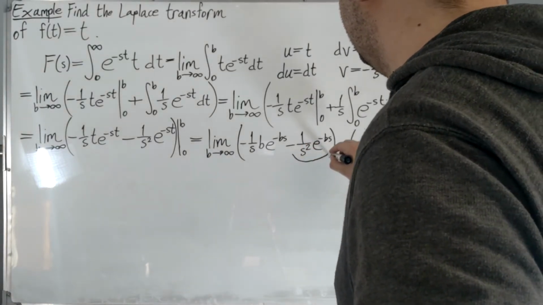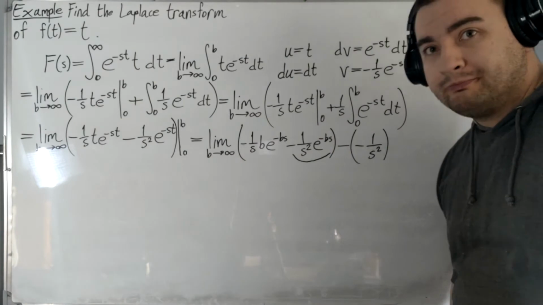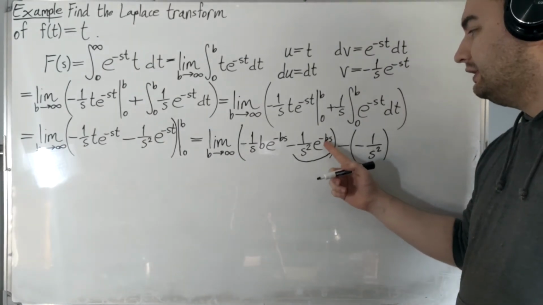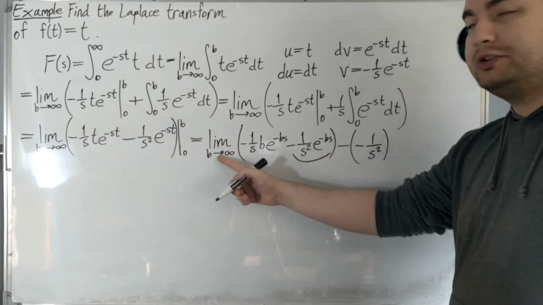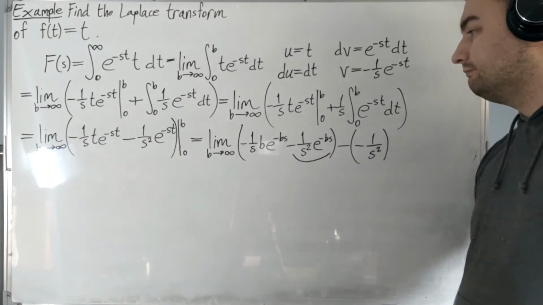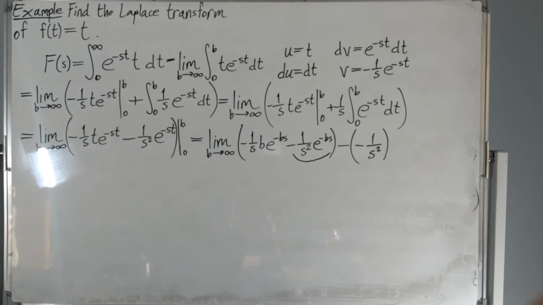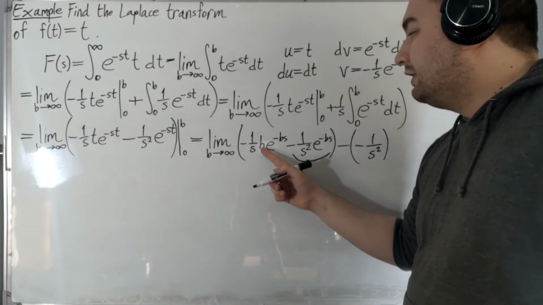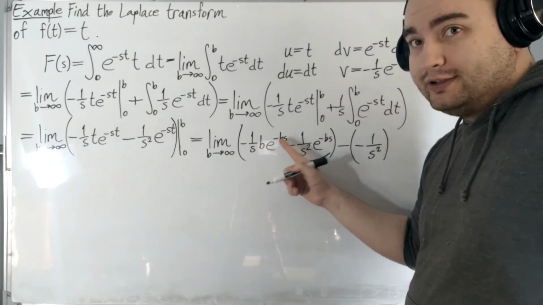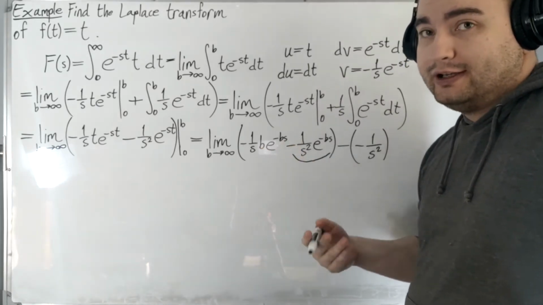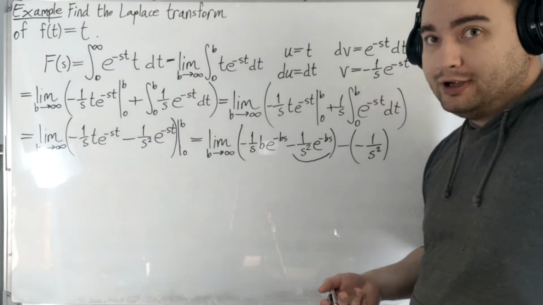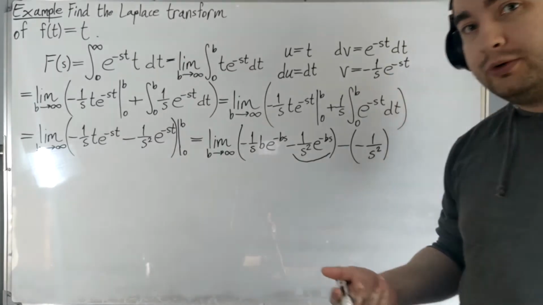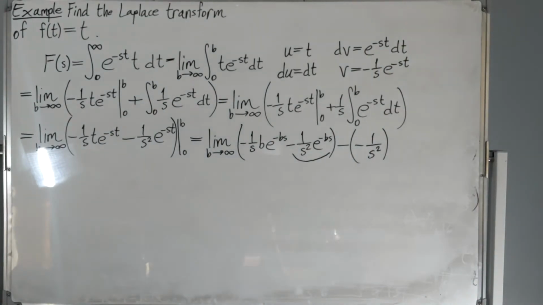Okay, so this term right here is going to approach 0. You know it's going to approach 0 because it's e raised to a negative exponent, and b is approaching infinity. This one right here, though, in order to figure out what it's approaching, because b is approaching infinity, but e to the negative bs is approaching 0, that gives us an indeterminate form of type 0 times infinity, if you remember from L'Hopital's rule from Calculus 2.